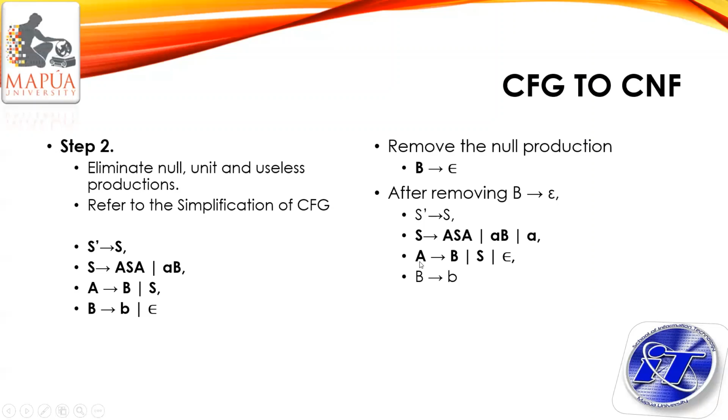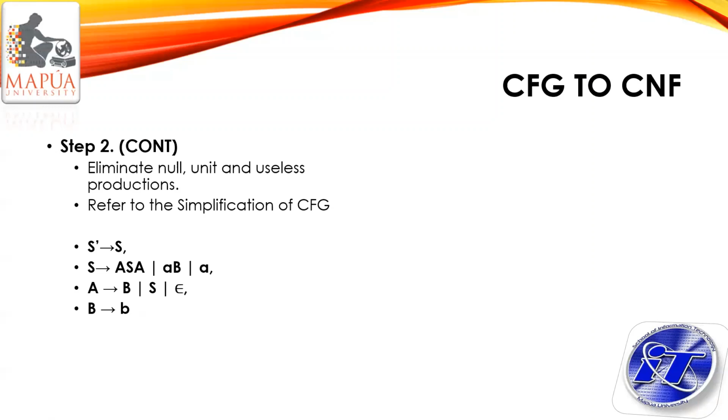A yields to null, so we need to remove this new production. Anything that involves A, we're going to substitute null. In the first rule, apply null to ASA.